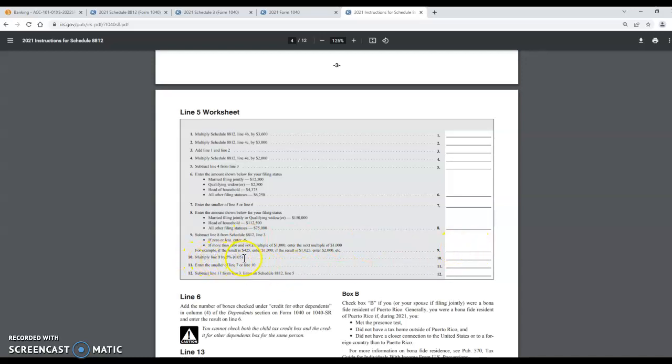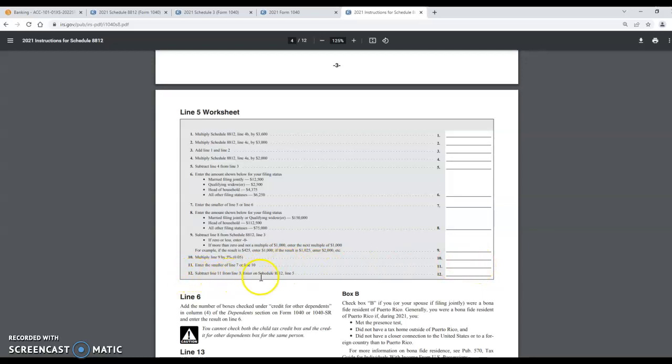Line 10, multiply 9 by 5%, so 0 times 5% is 0. Line 11, enter the smaller of line 7, which was, let me see, that was 1,000, okay, or line 10, okay, and so 10 is 0, and 7 was 1,000, it says enter the smaller, so that again would be 0.